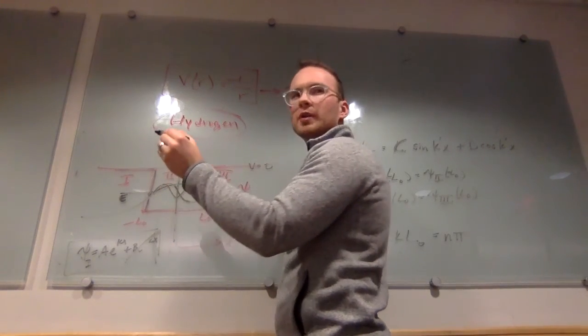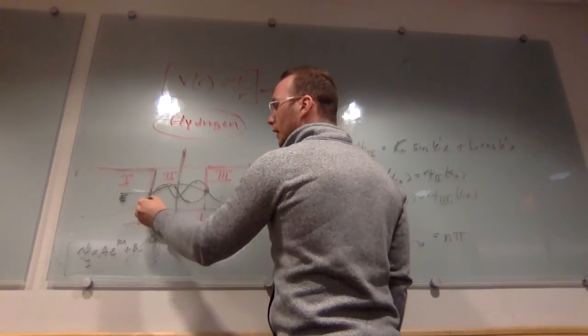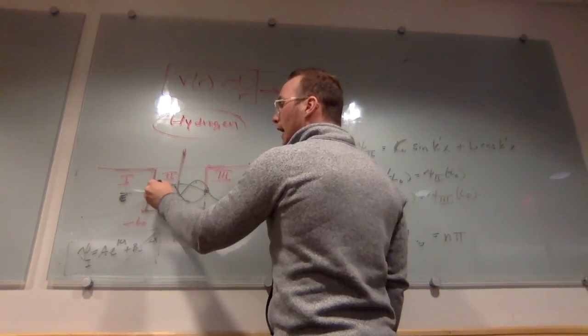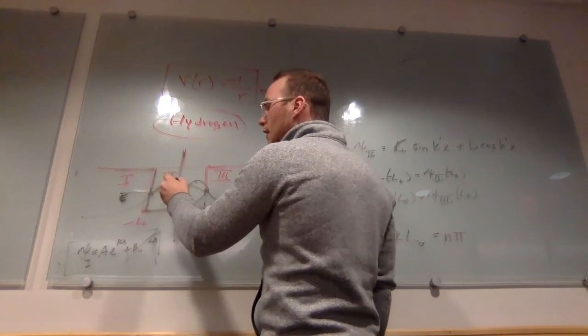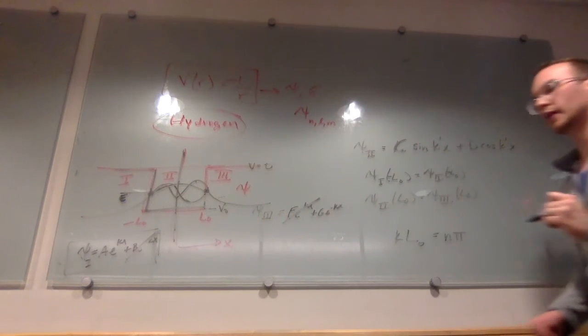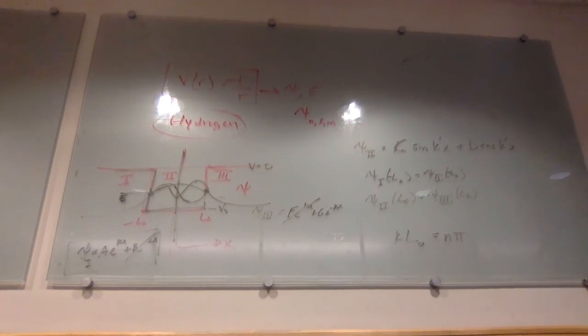You can probably look this up on Wikipedia, by the way, if you want the actual answers. Anyway, the point is that just like when we did the guitar string, the lowest one is around the center, it's sort of symmetric, and then the next one is anti-symmetric, meaning around the center, if you flip it, you have to mirror it upside down.